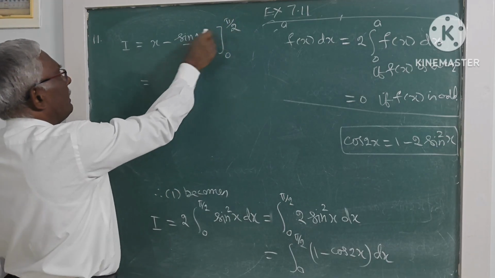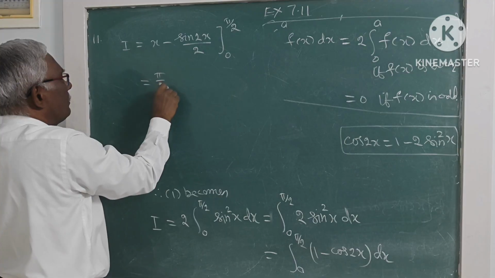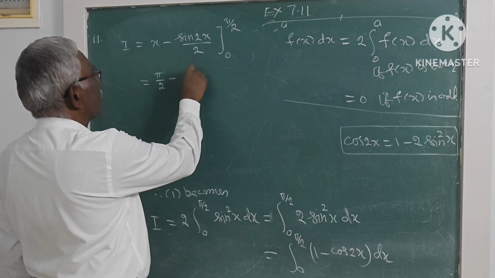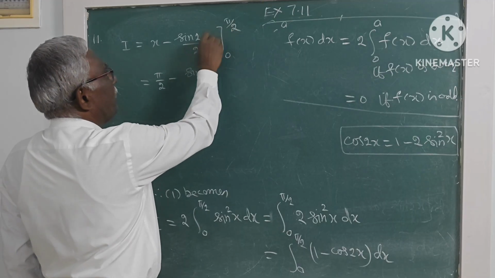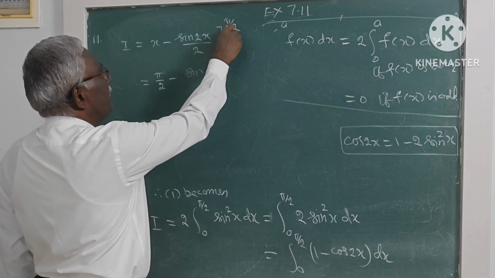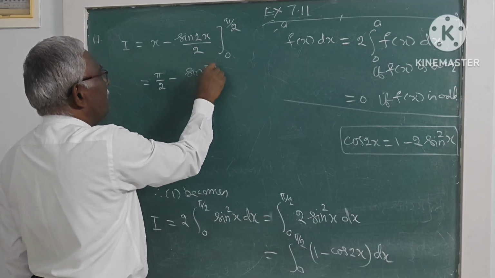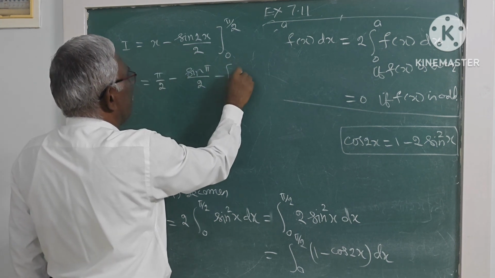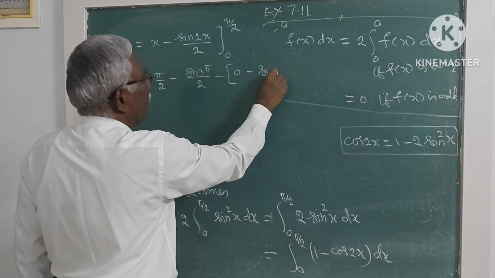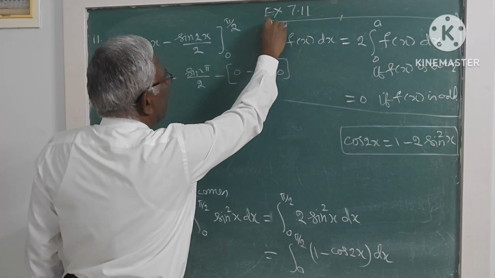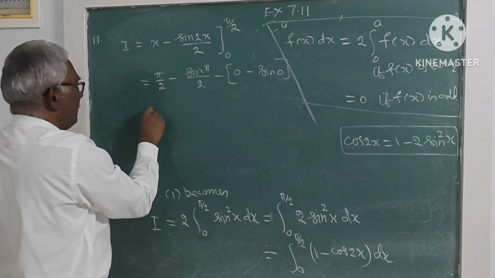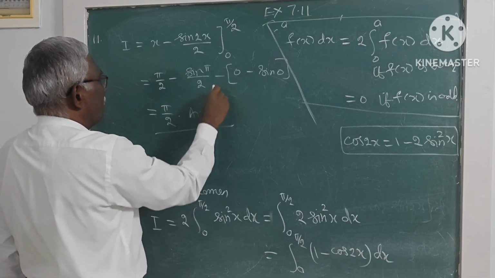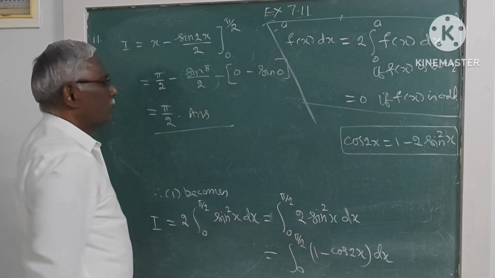Now this is equal to x is pi by 2, minus sin, x is pi by 2, 2x means 2 times pi by 2, sin pi by 2, minus of x is 0, sin 0. So the answer is pi by 2, because this is 0, everything becomes 0.